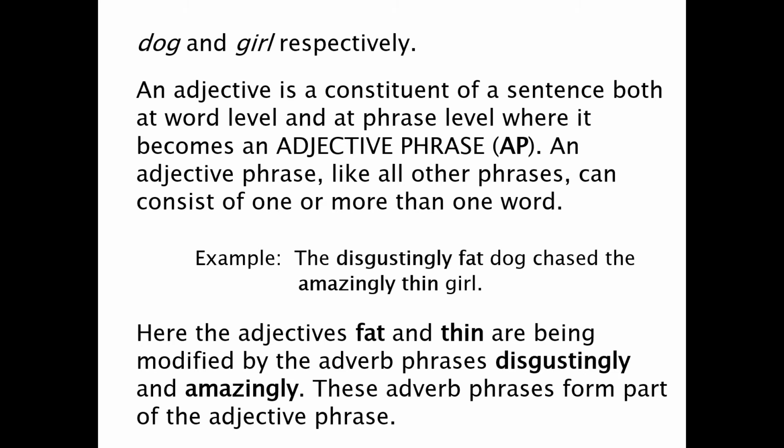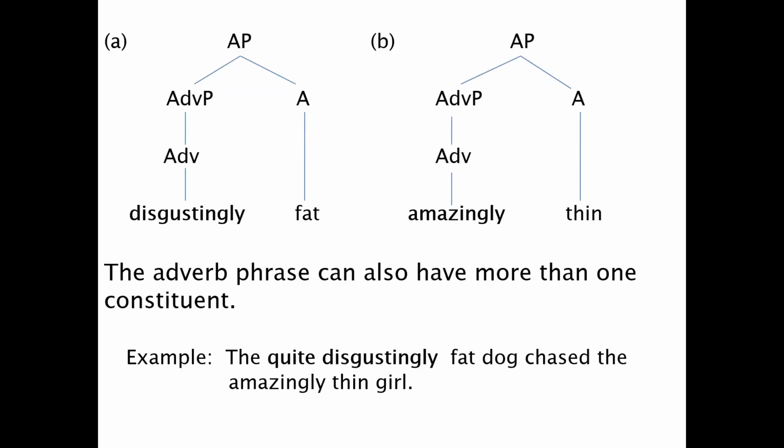Because once again this adverb which pre-modifies the adjective must have a head noun, a head word, which is the adjective itself. So here the adjectives fat and thin are being modified by the adverb phrase disgustingly and amazingly. These adverb phrases form part of the adjective phrase.